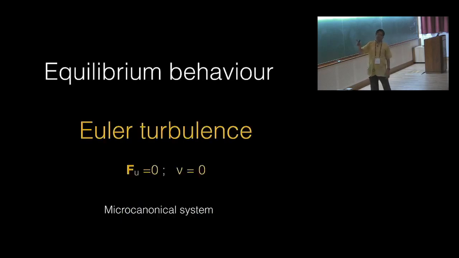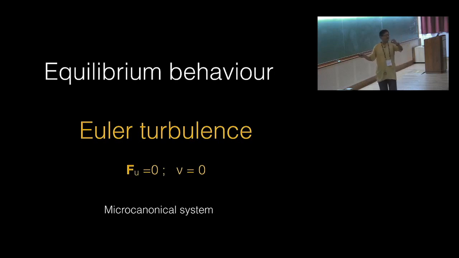Now, since my title had something on equilibrium and non-equilibrium, I'll just say in the next 8 minutes something about equilibrium behavior. This is not the hottest topic for turbulence, but some people work on it, and I think it's important; it gives you some insights. So, Euler turbulence.